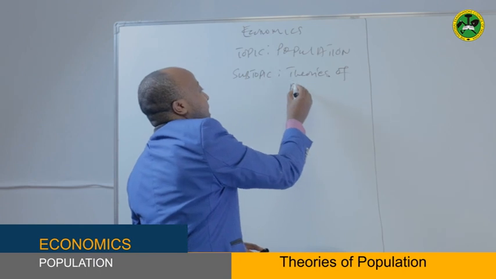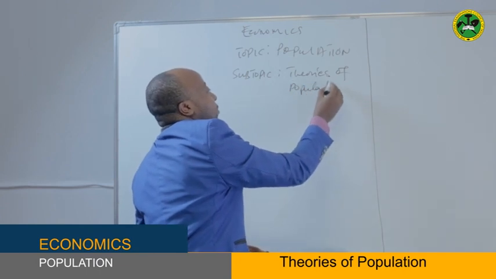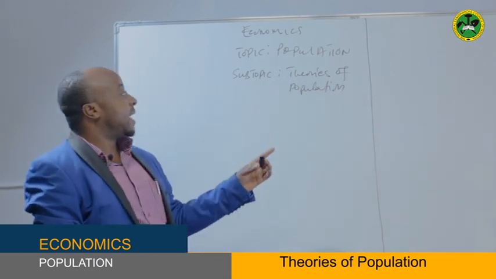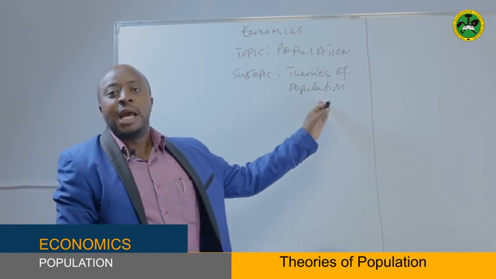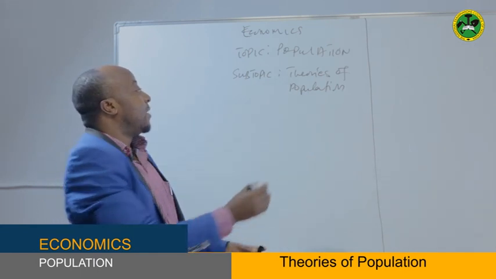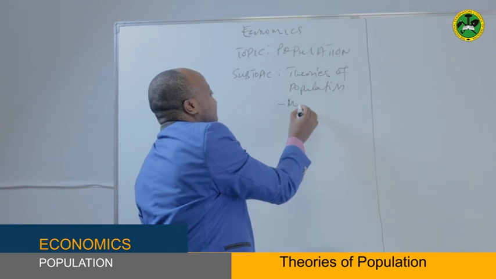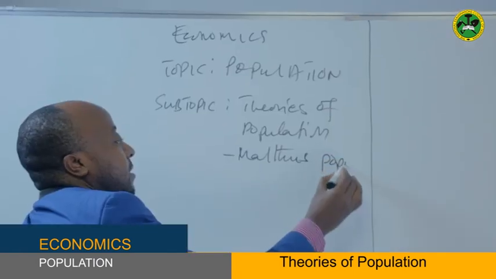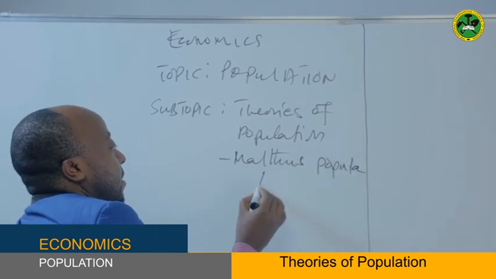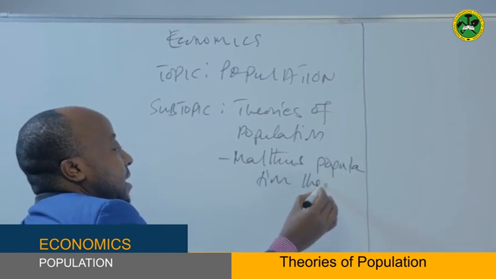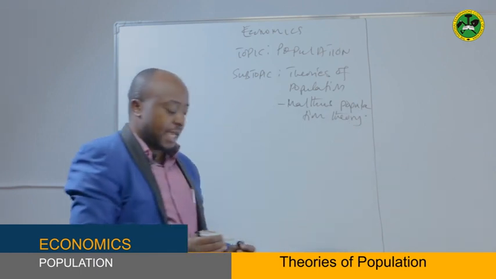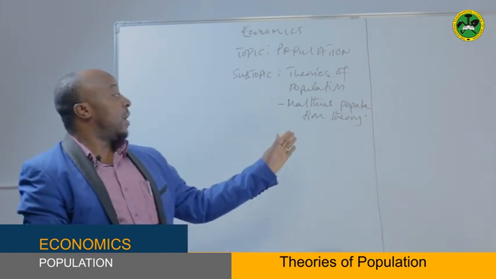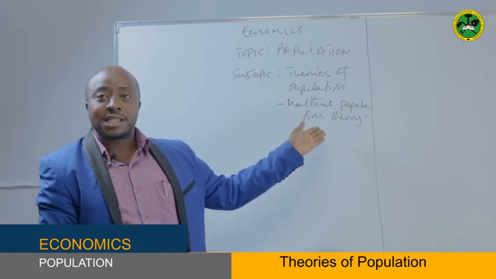of population. We are going to make a revision on the theory of population, and particularly for this part we will concentrate on Malthus population theory. Our lesson today will discuss the Malthus population theory.